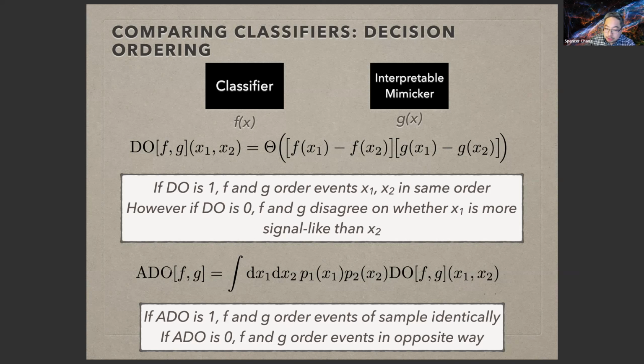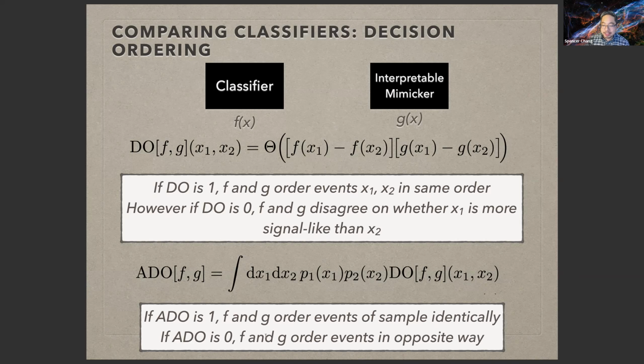If the average decision ordering is 0, it means they always disagree. Every pair of events, they disagree. And if it's a half, then they randomly agree sometimes and randomly disagree. So the best version is if it's 1, because f and g are effectively the same thing on this set of events. If it's 0, they order events in the complete opposite way. So you could use minus g, and if you had an ADO of 0, then f and minus g would have an ADO of 1.